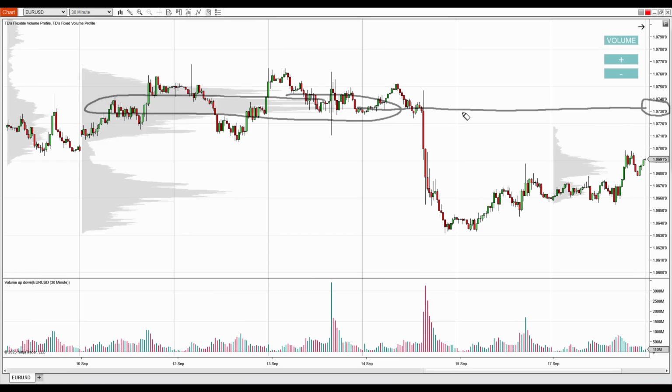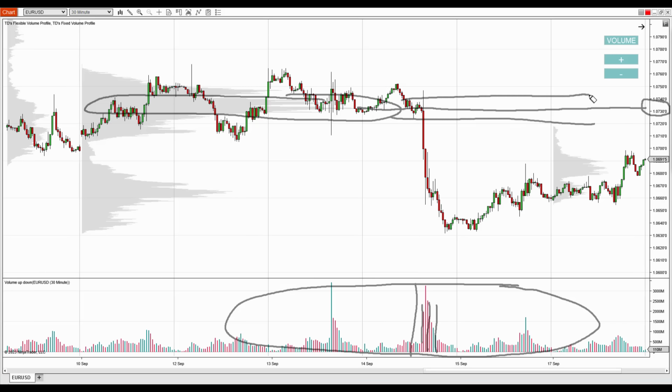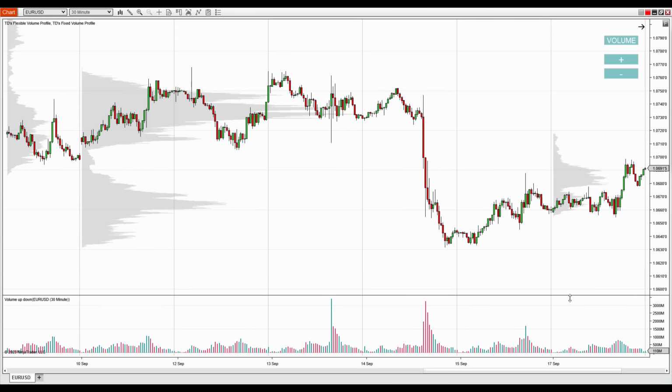And this is the major distinction between this volume indicator, which shows volumes at time, and volume profile, which shows volumes at price. And as you can already tell, I'm a big fan of the volume profile, which shows volumes at price.